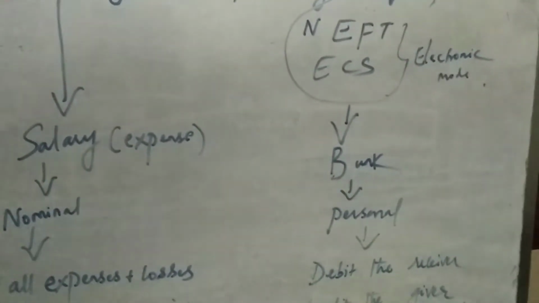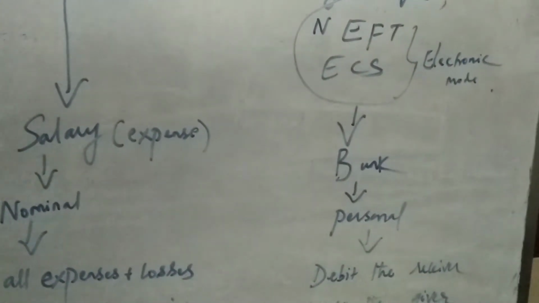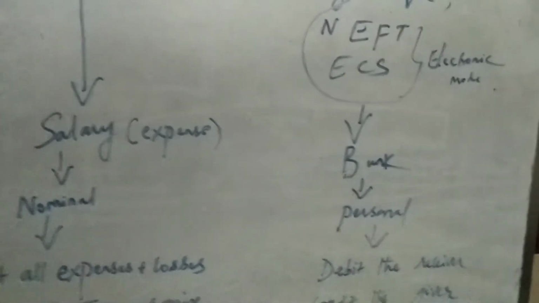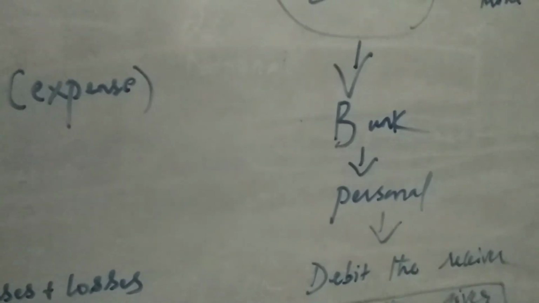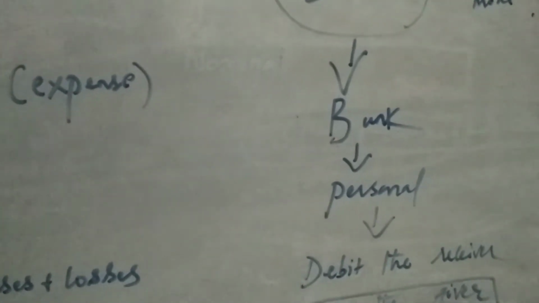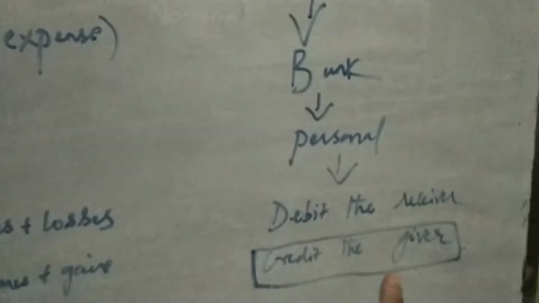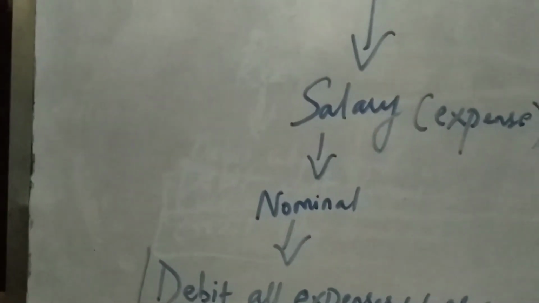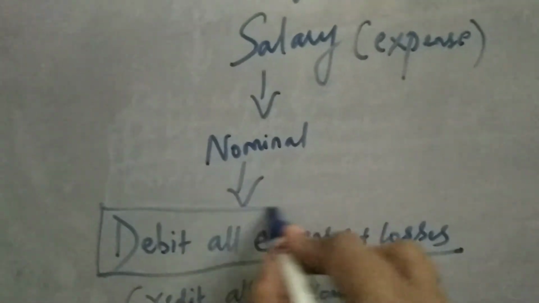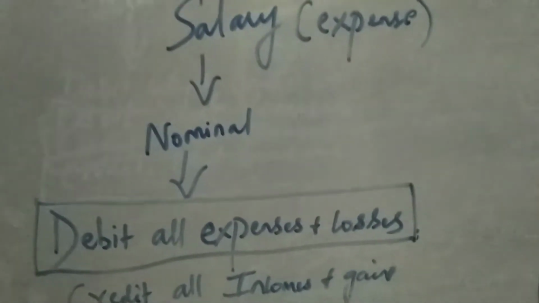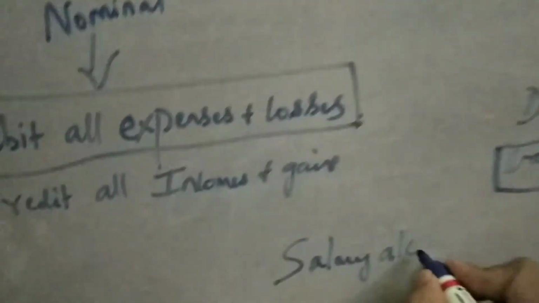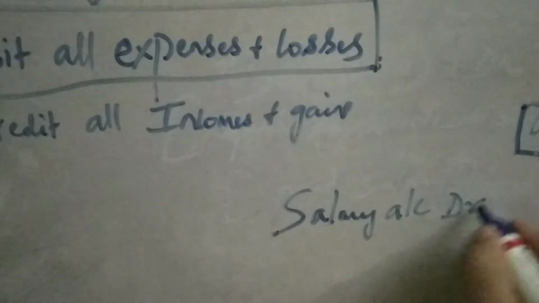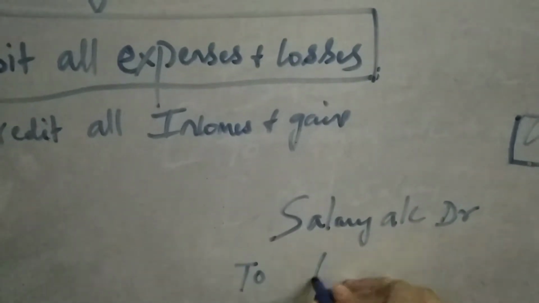Now bank is making the payment on our behalf, right? So credit the giver. Bank is making the payment on our behalf. So credit the giver. Salary being an expense, debit all expenses and losses. Salary should be debited. Salary account debtor to bank.